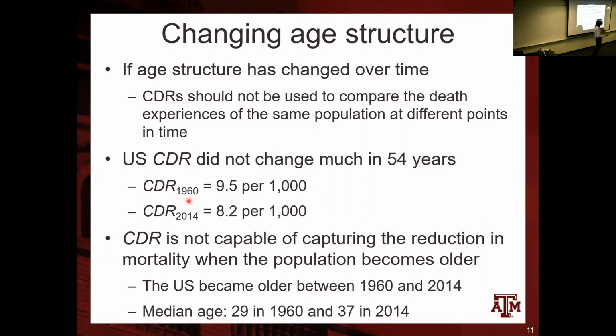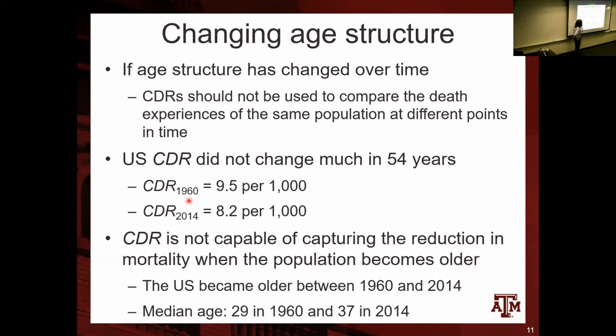And although they're more likely to die, maybe the US is now experiencing overall lower mortality rates by age groups. But the crude death rate does not take that into account because we simply get the number of deaths in the country in one year divided by the size of the population. We do not take age groups into account.